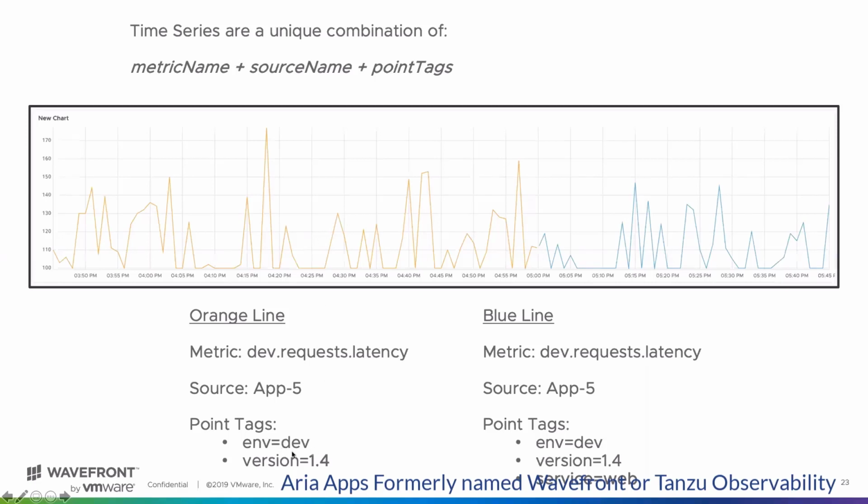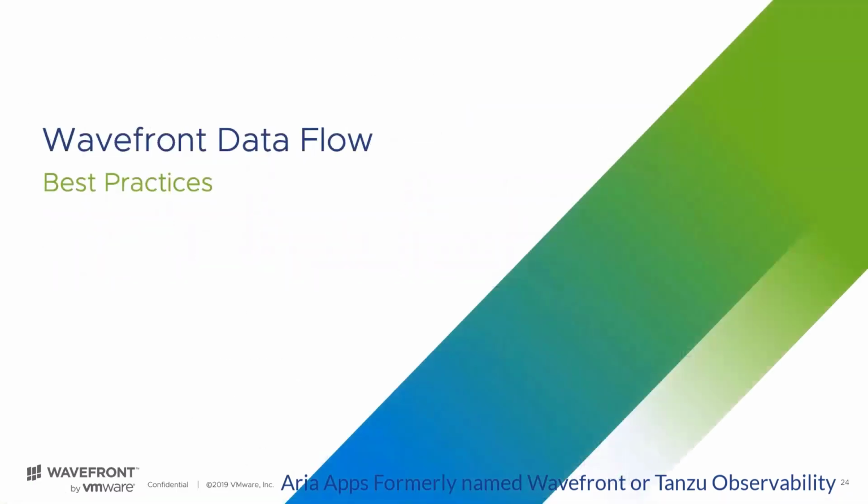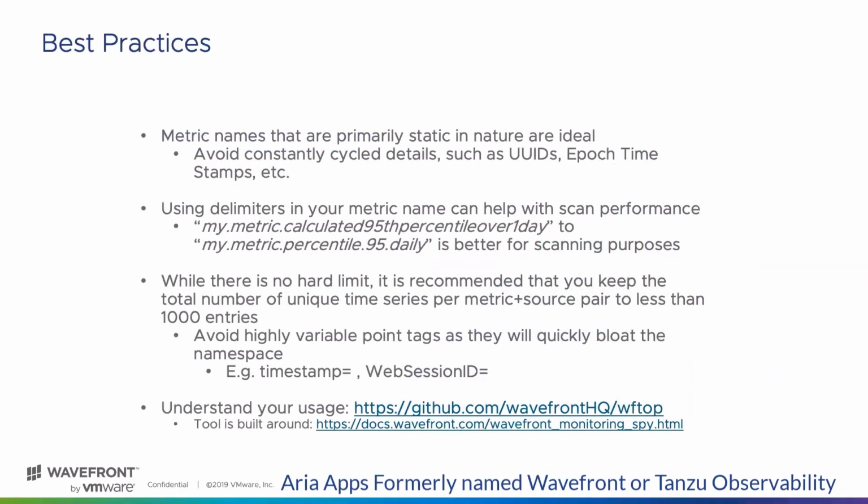It has two tags on it, but the cardinality is 1 because the two tags are constant for the metric and source. And so the rule of thumb is if I graph a metric filtered to a specific source, we suggest to have 1,000 or less time series be returned from that query for best performance.